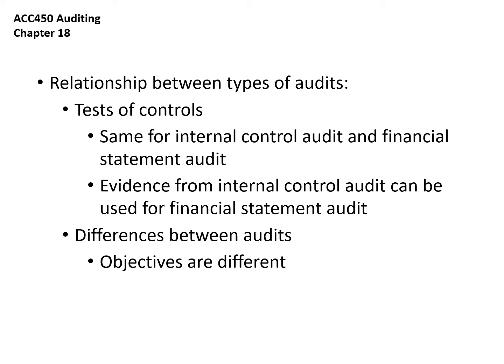The objective for an internal control audit is to issue an opinion about management's report on their internal control. Do they assess it correctly? And that's as of the end of the year, not over the whole year, but just as of a moment in time.